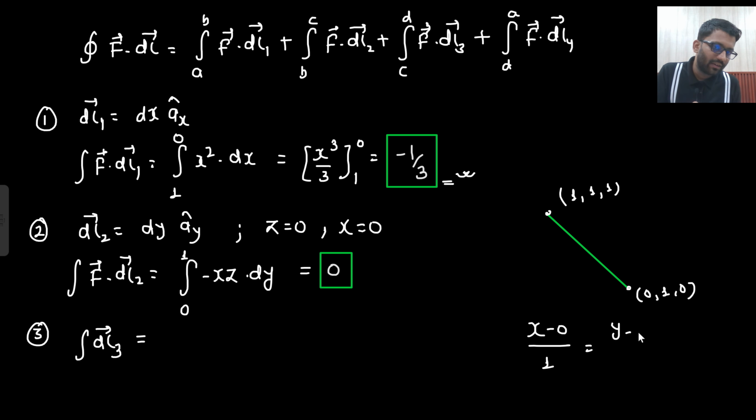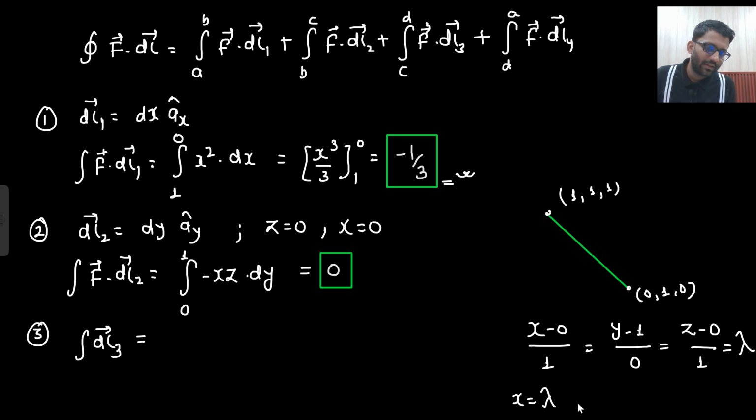Y minus y1 divided by y2 minus y1. Z minus z1 divided by z2 minus z1. And that will be equal to some lambda. So x equals lambda, y equals 1 and z equals lambda.